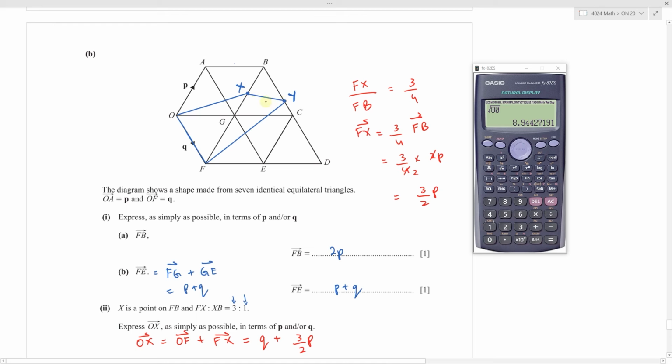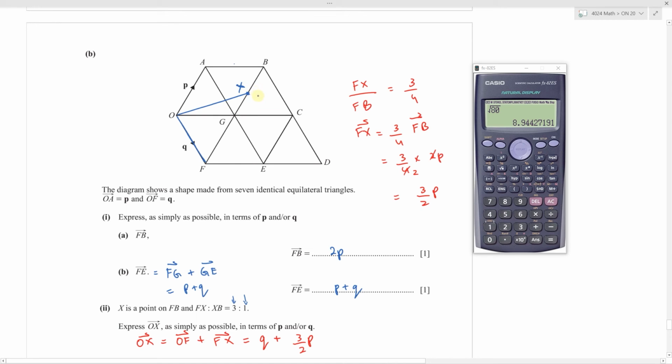So XY cannot be parallel to OF. That means Y is located such that line OX and line YF are parallel, so that this becomes a trapezium. OX is parallel to YF. This gives us some rough idea where Y is located, so I'll move Y down a little bit so that these two lines become parallel.